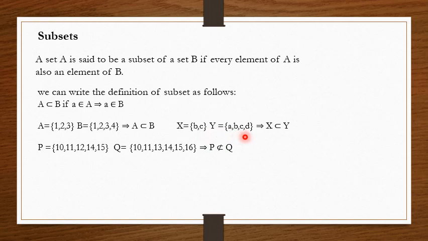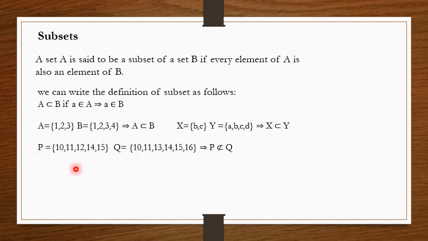Y contains the elements a, b, c, d. Is every element in X also present in Y? b present, c also present. So, we can say that X is a subset of Y.